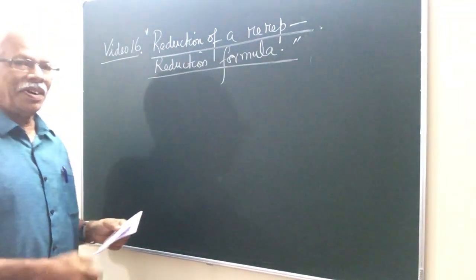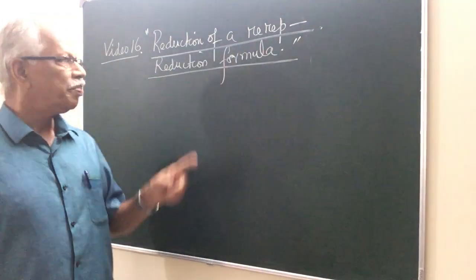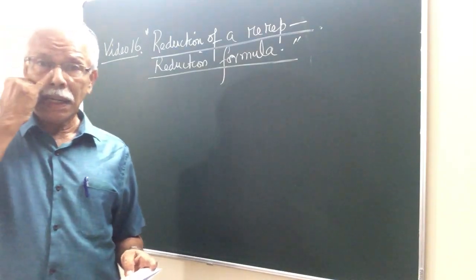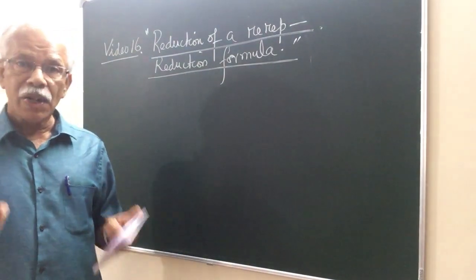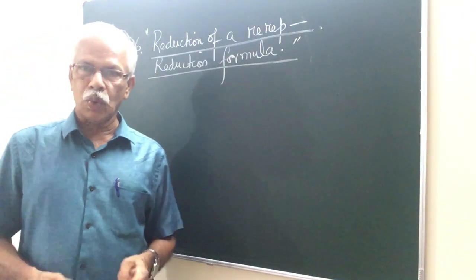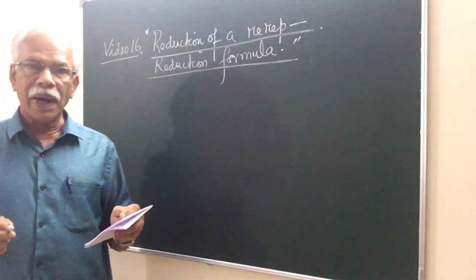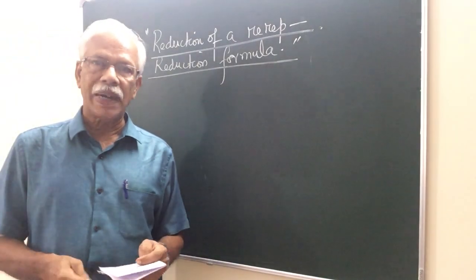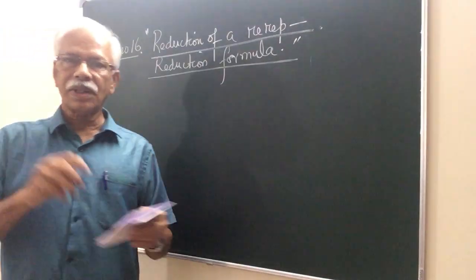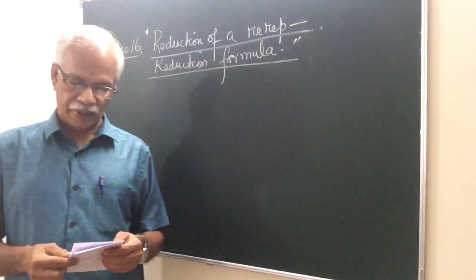This video 16 is titled Reduction of a Reducible Representation, Reduction Formula. We have seen earlier that if a reducible representation is similarly block factored, it can be reduced or split into the irreducible components by visually picking up matrices from corresponding blocks and connecting it to the basis function or functions.